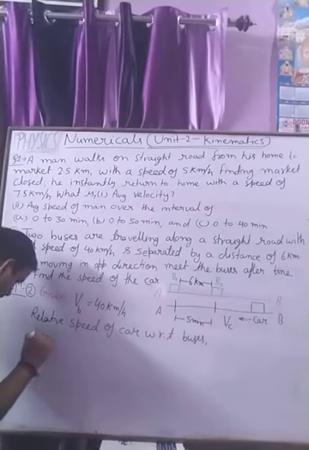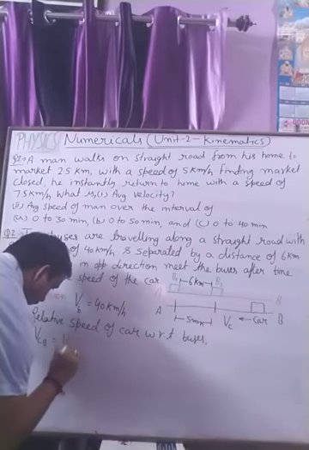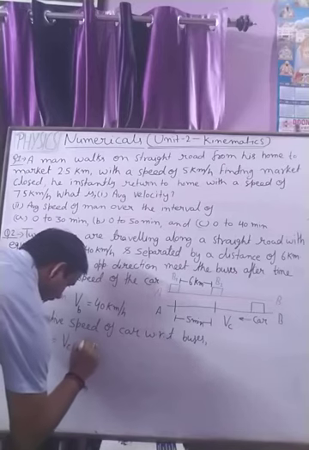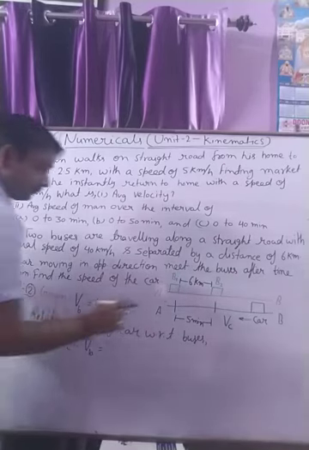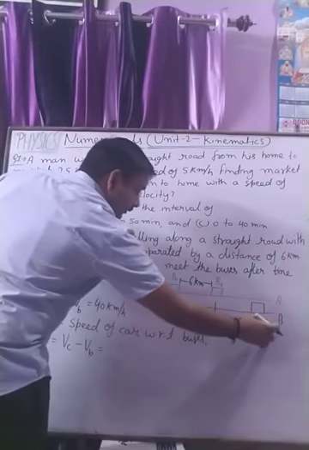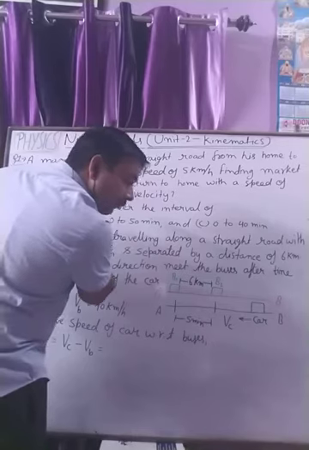We say VCB, that is VC minus VB, and we have to calculate this.